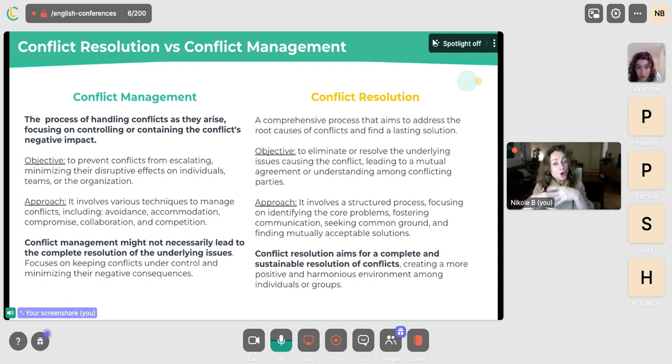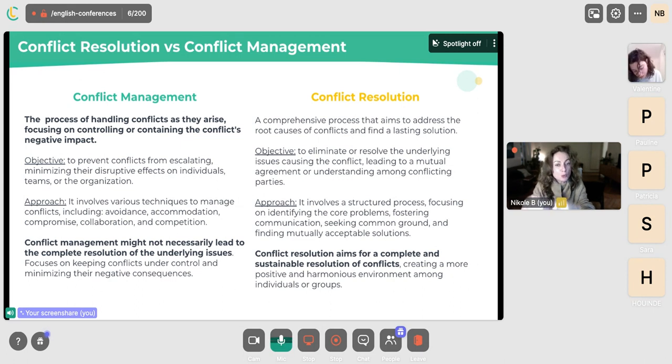The goal is to find a solution that's durable, that lasts. So you want to resolve any issues and lead to a mutual agreement where both conflicting parties are happy.